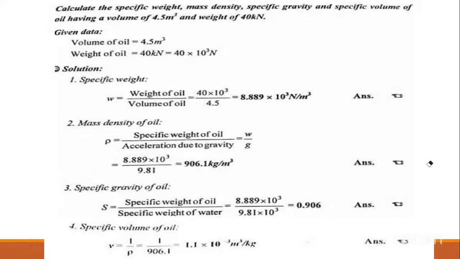So this time we are asked to calculate the specific weight, the mass density, specific gravity, and specific volume of oil having a volume of 4.5 meter cube and weight of 40 kilonewton.